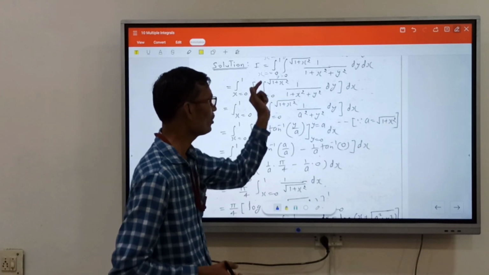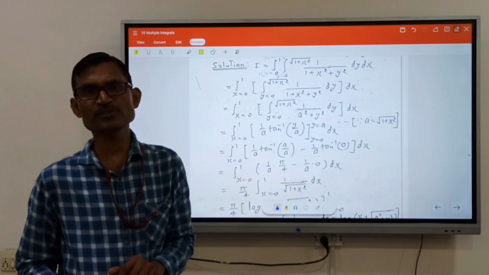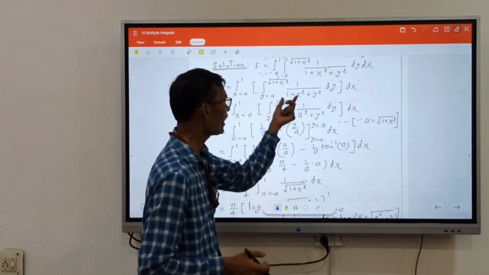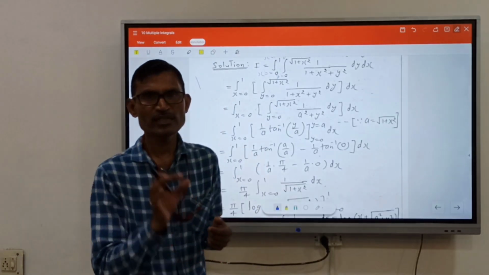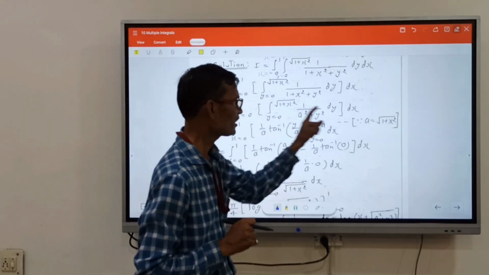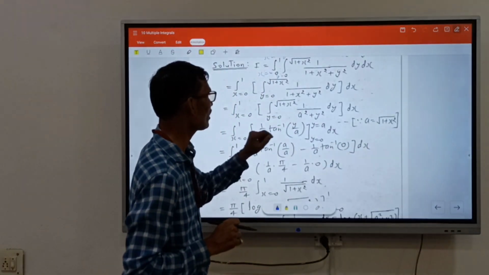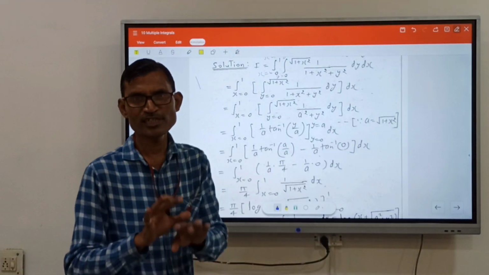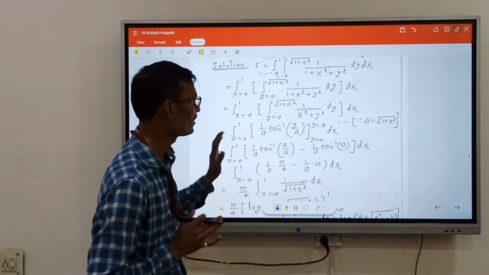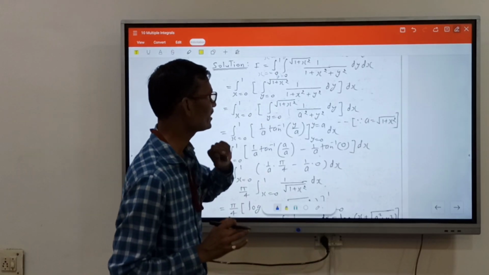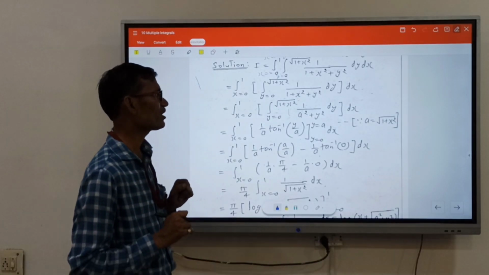To make the integration simple, we will assume 1 plus x square as a single constant, substituting it by a square. It becomes very simple. Now we can integrate the function 1 upon a square plus y square.